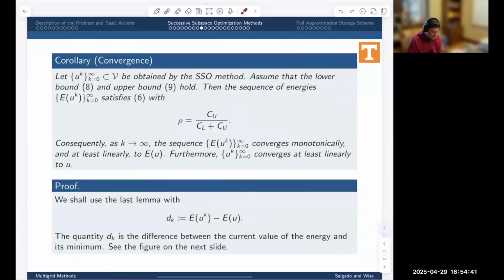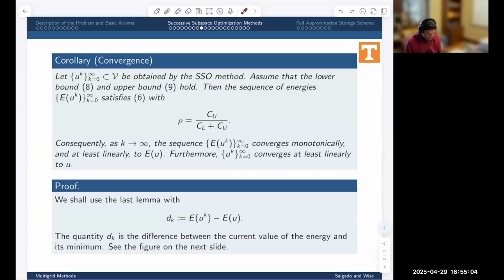So that satisfies 6. Consequently, the sequences converge monotonically and at least linearly to E(u). And the original sequence that we had, not just the sequence of energies, also converges at least linearly to u. That's a powerful statement.